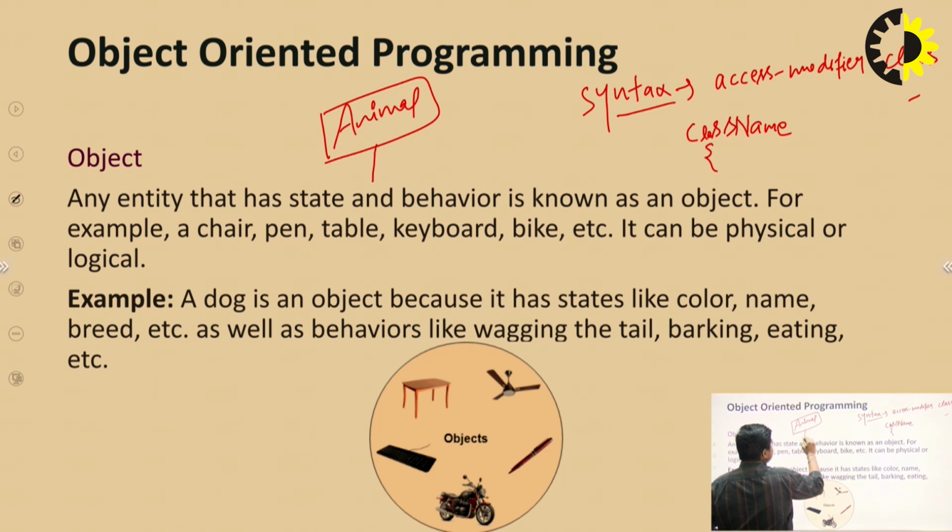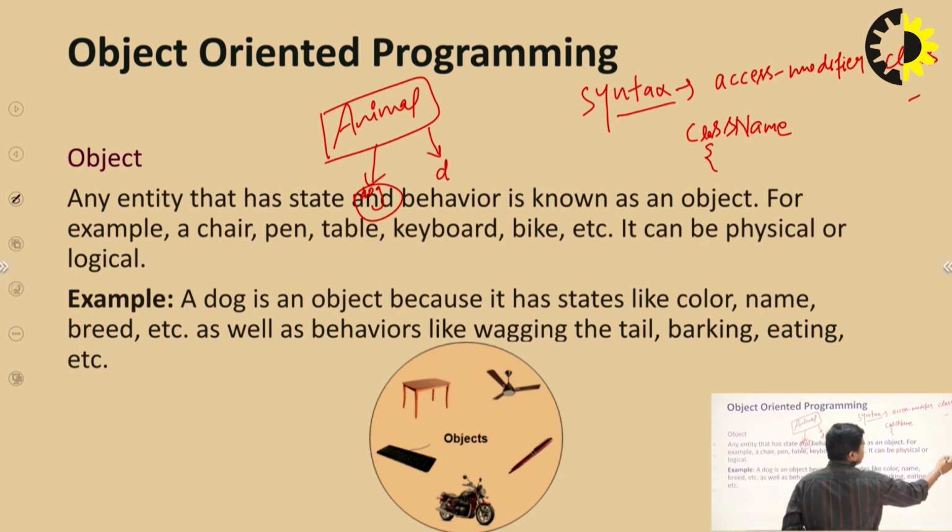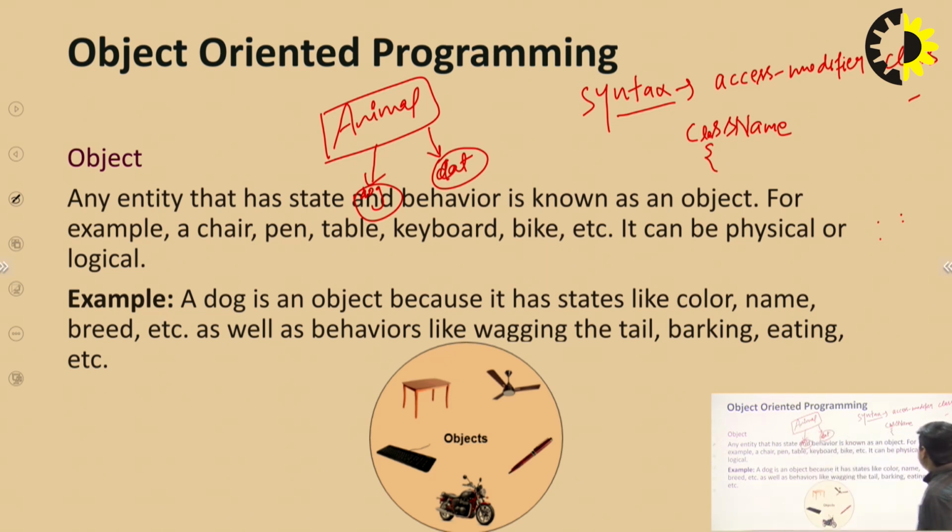Animal is a class and its objects are dog and cat. These are the objects of this class.